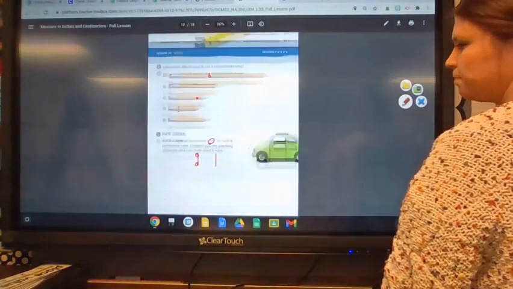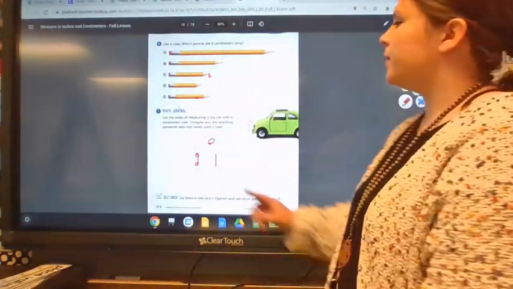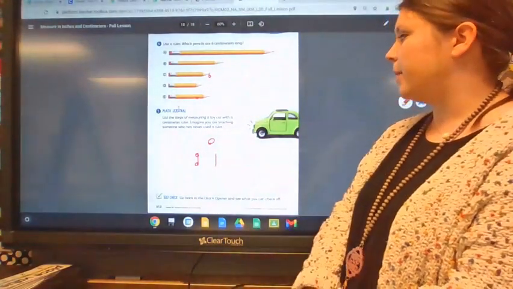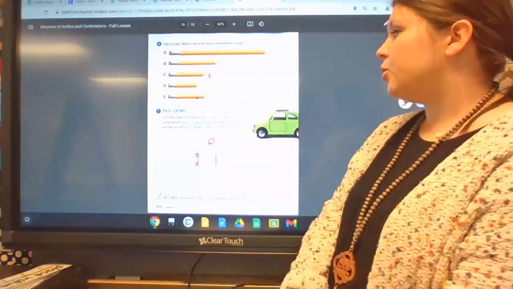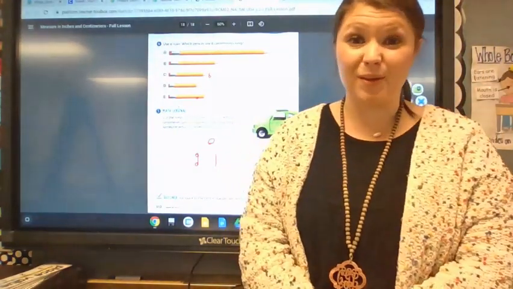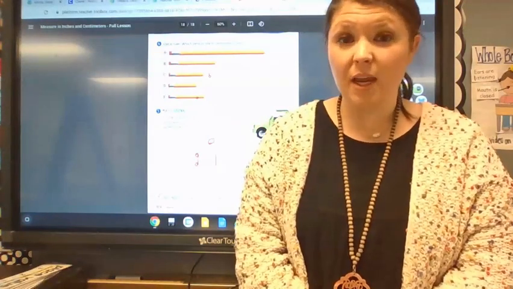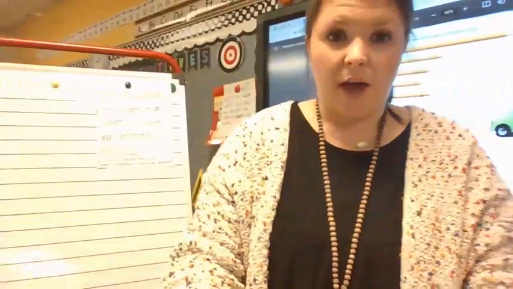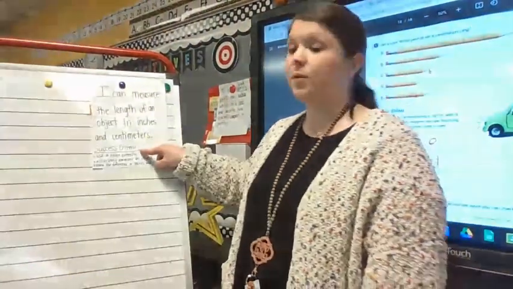All right, I'm going to go ahead and flip back to my larger one so that we can read it better. All right, number 5. List the steps of measuring a toy car with a centimeter ruler. Imagine you are teaching someone who has never used a ruler. All right, so think back to that success criteria. Are you able to use a ruler correctly?